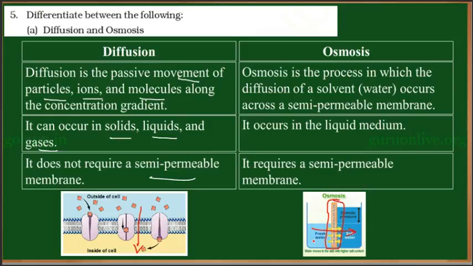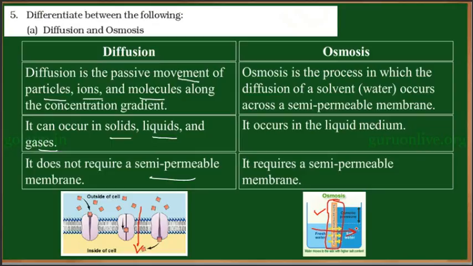Here there is fresh water. That means it's pure water. There is no dissolved solute. But here there is salt water in which salt and water both are present. So when we compare these two solutions, water here is more and here it is less. So water diffuses from fresh water to salt water.